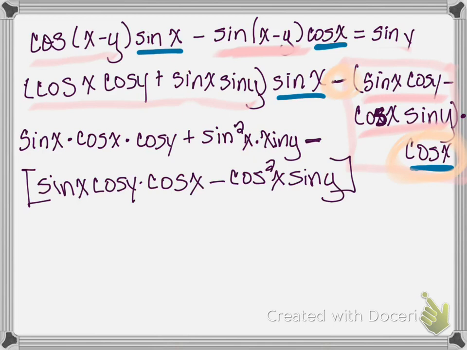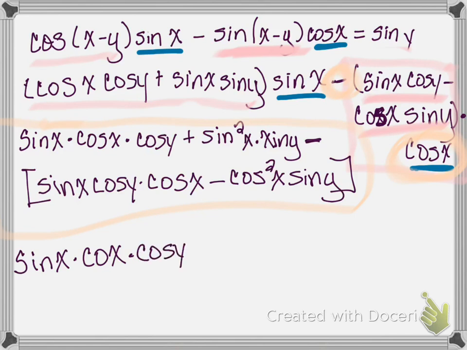Okay? So my next step is taking this whole part together, so I'm rewriting most of this. So this is sine of x times cosine of x times cosine of y plus sine squared of x times sine of y. Okay?